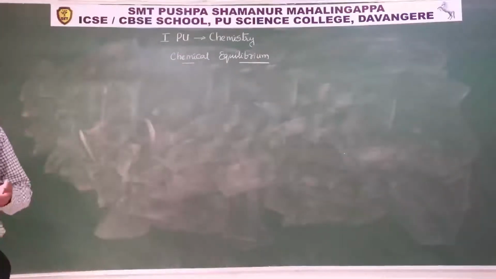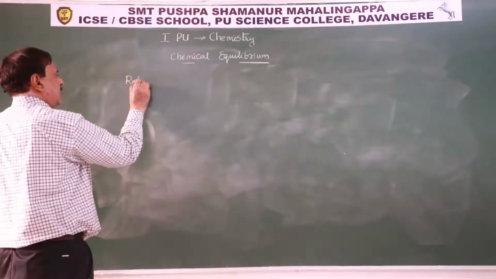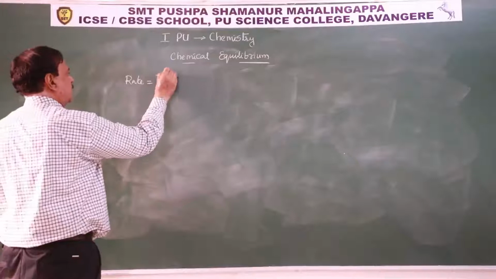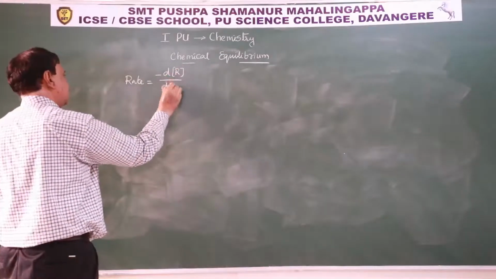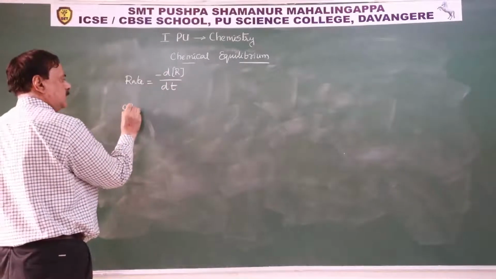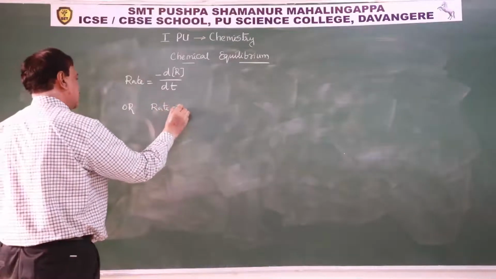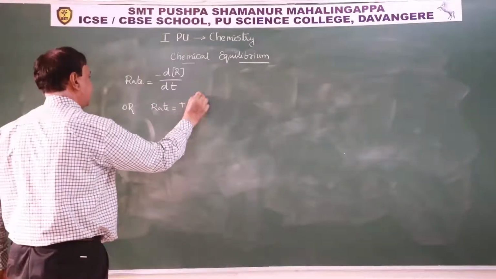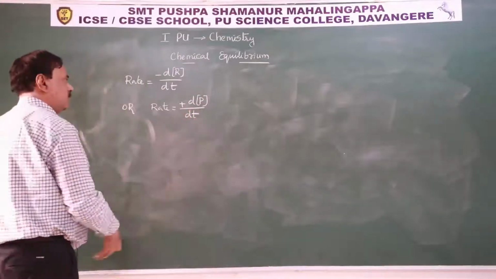Therefore, rate of a chemical reaction is given by rate is equal to minus dR divided by dt, or rate is equal to plus dP divided by dt.